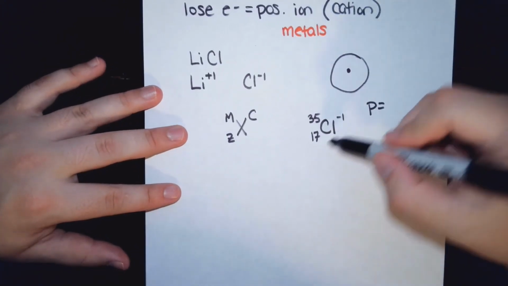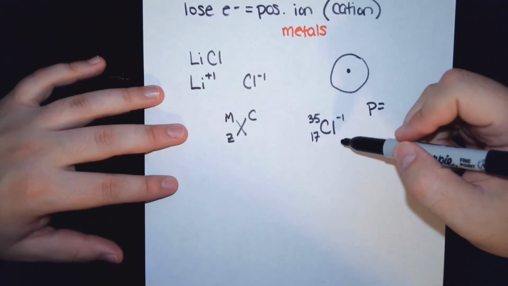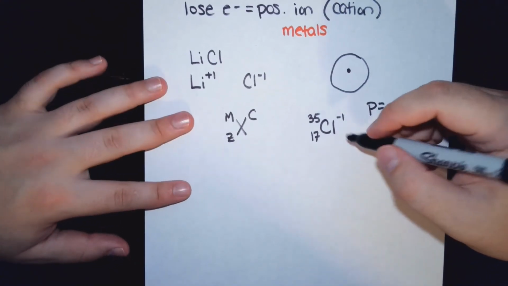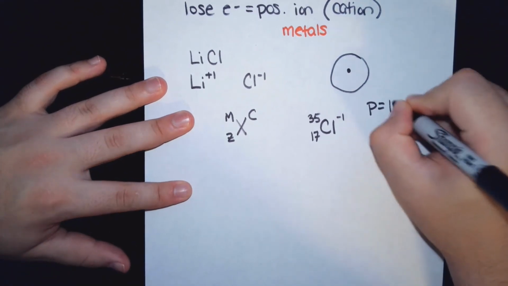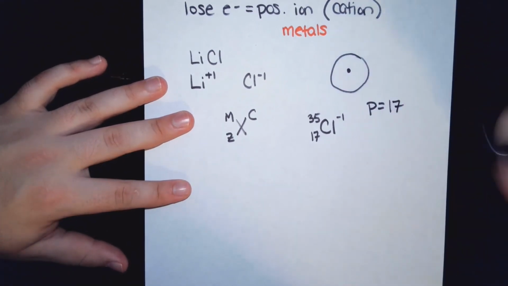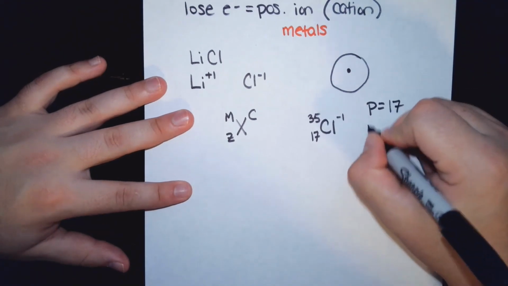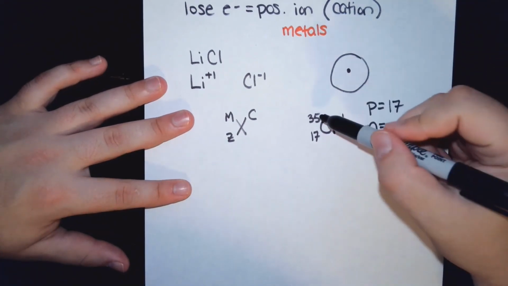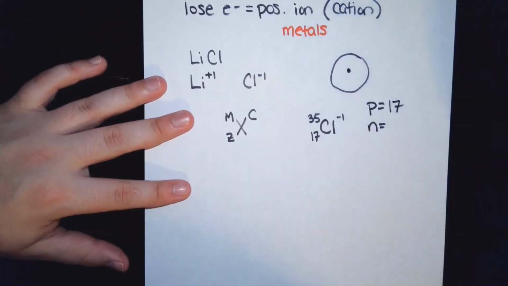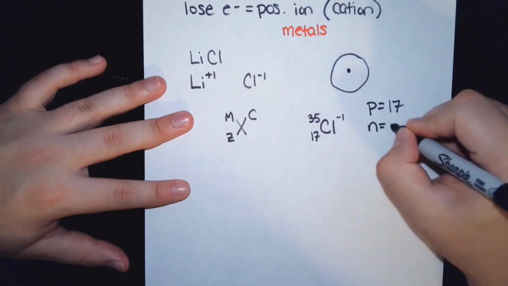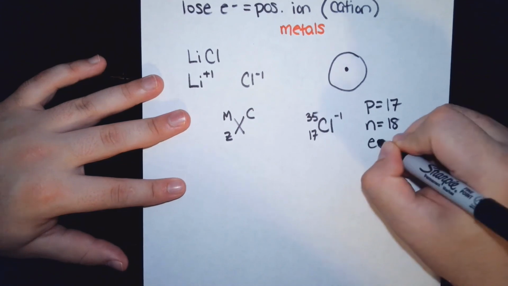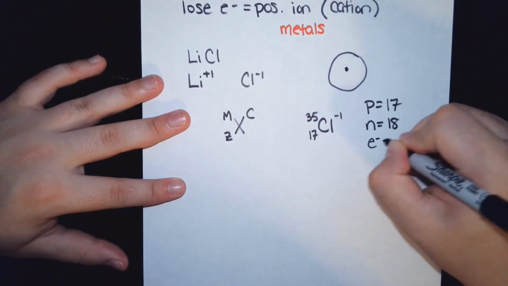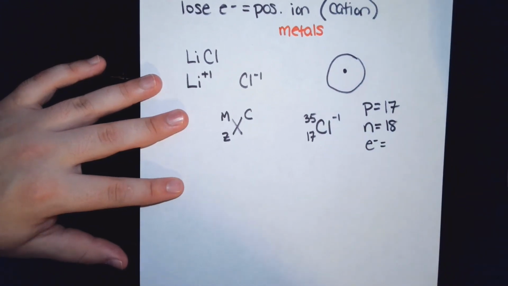If you know either the atomic number or the identity of the element, you can know the protons by just looking at that element on the periodic table, or looking at the atomic number if you're given it: 17. Neutrons. So remember, neutrons, you do the mass number minus the atomic number. So 35 minus 17 is 18. And then for electrons, e-, that's the symbol for electron.